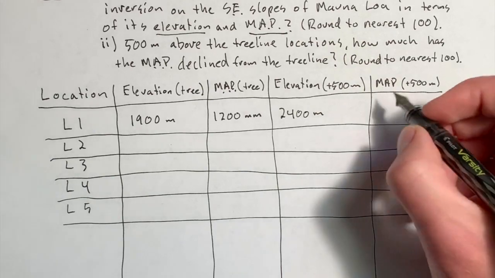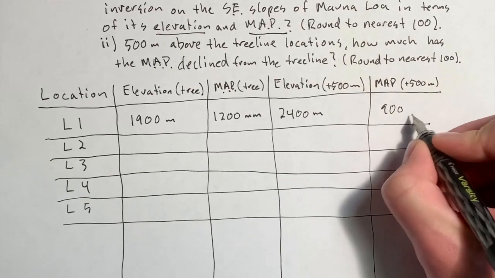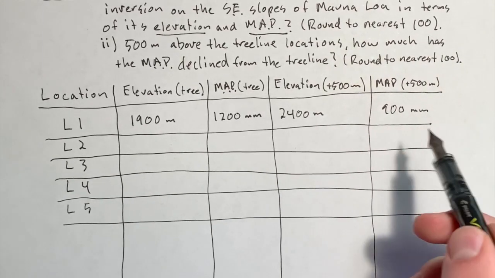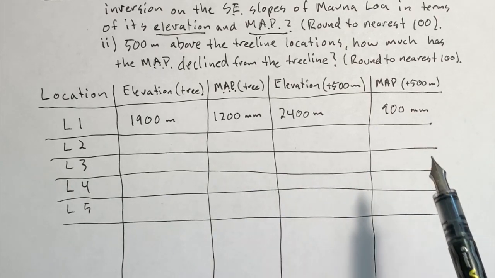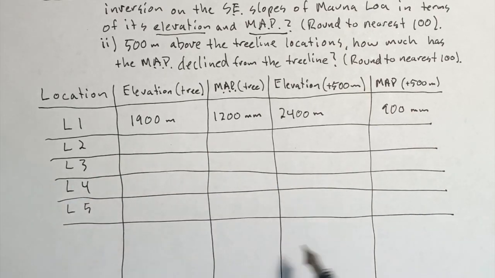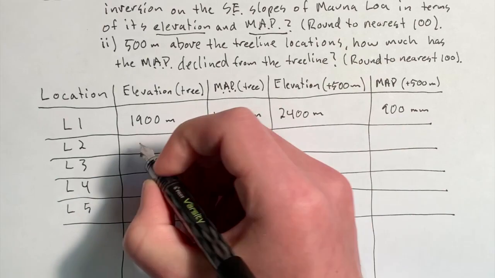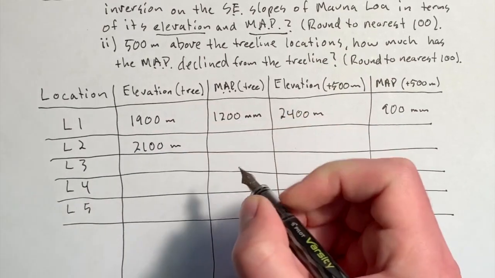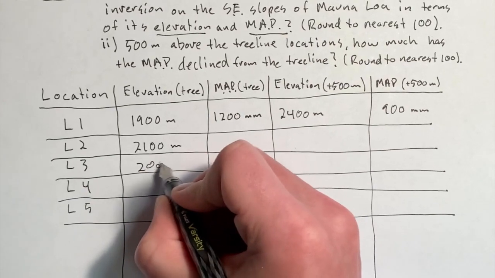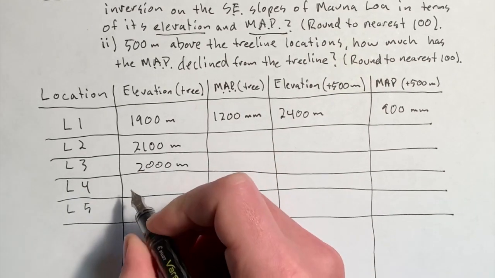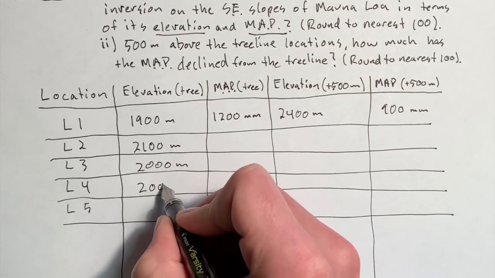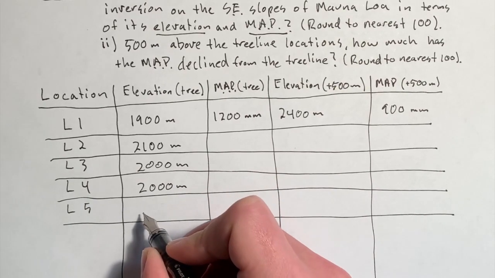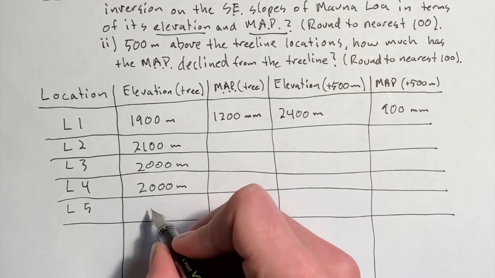So we're going to write down 900 millimeters of precipitation. And you're going to do that for each of the other 4 locations. So let's say that our elevations for those are 2100 meters, 2000 meters, 2000 meters, and 2000 meters.